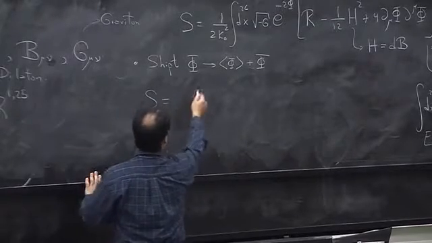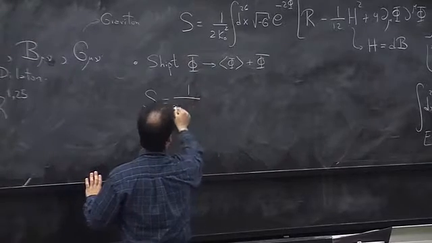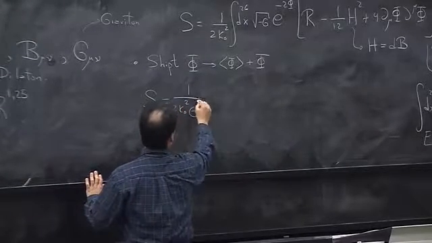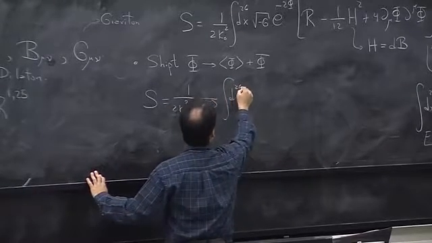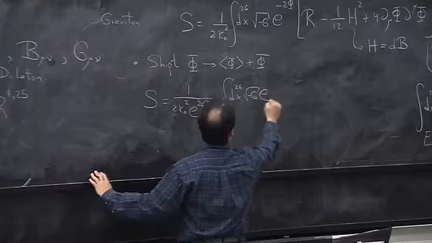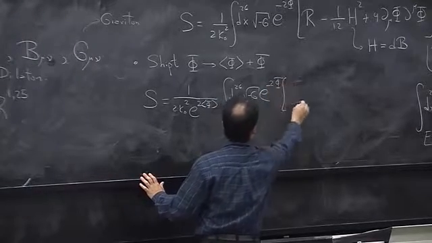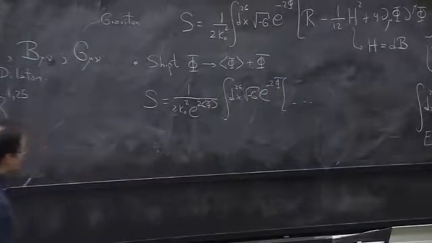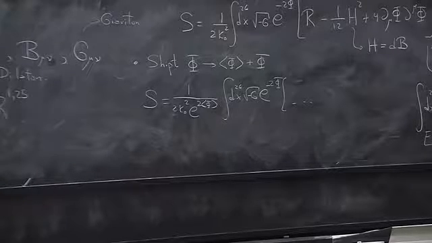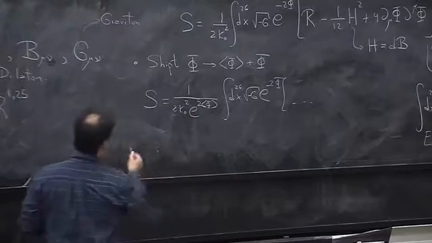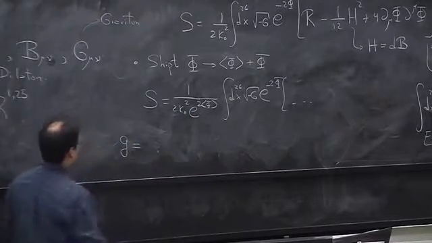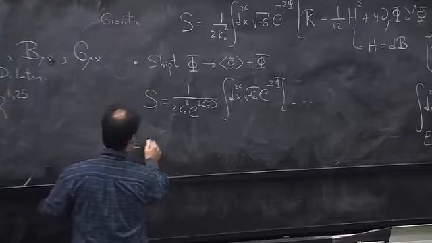So our action will now have a factor of the form 1 over 2 kappa 0 squared e to the 2 phi times the integral. So somehow we can shift the coupling constant of the theory if we just shift the dilaton by a constant. So this is why we think about this as being the coupling constant of the theory.